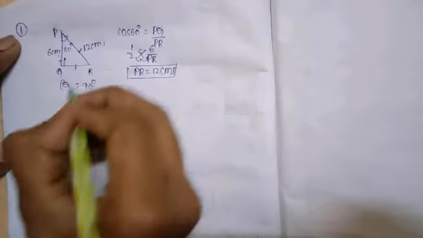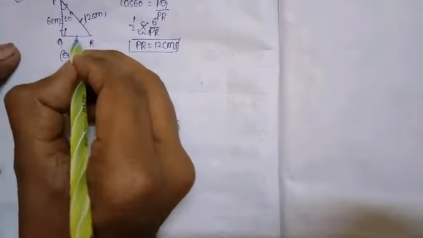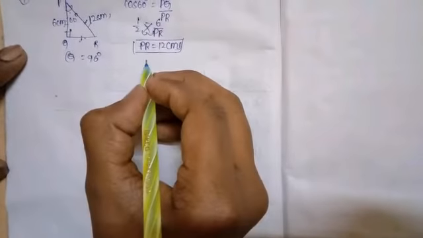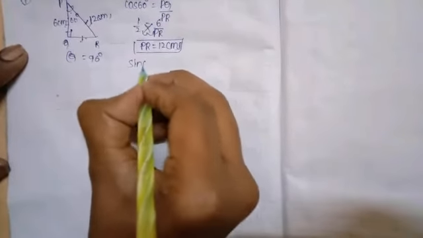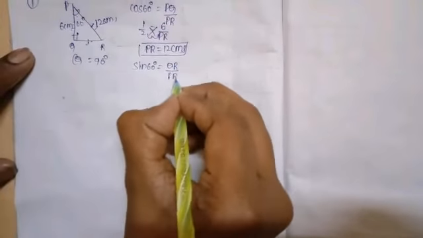Next, we have found this side. Now we have to find this side, QR. We have this side and this side, and we have to get this side. When we take this angle, this is the opposite side and this is the hypotenuse. Opposite side by hypotenuse is sine 60, equal to opposite side, that is QR, by hypotenuse PR.